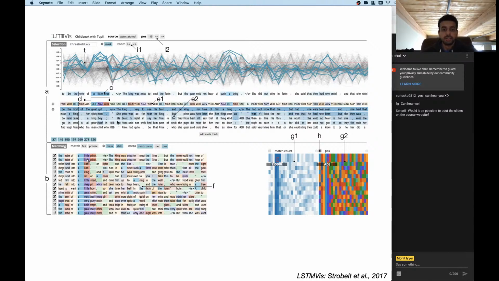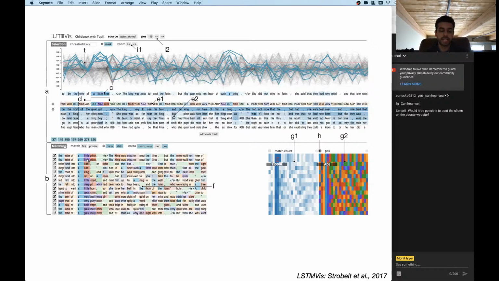I'm not going to go over how this particular thing works, but I just wanted to highlight that this is a very complicated visualization, and it will take a lot of time to get some actionable insights out of a tool like this.